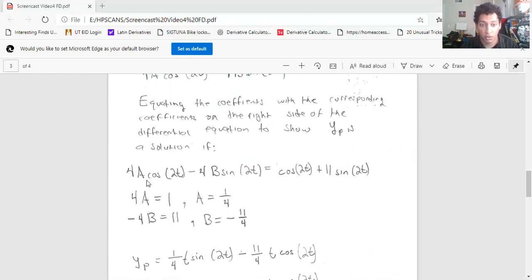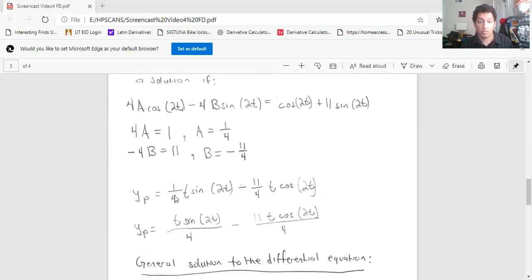You see 4a cosine 2t and cosine of 2t, so that means 4a equals 1. Then negative 4b sine of 2t and 11 sine of 2t means negative 4b equals 11. Divide both sides by 4 and you get a equals 1/4. For b, divide by negative 4 and you get negative 11 over 4.